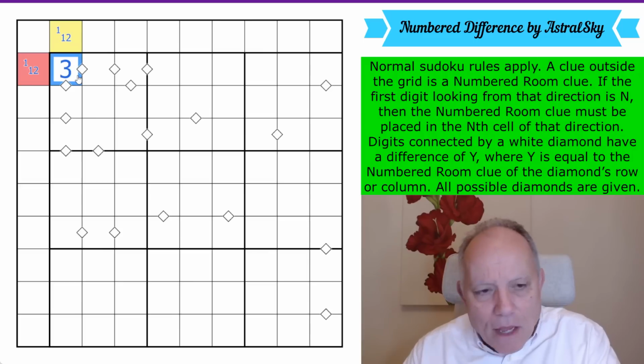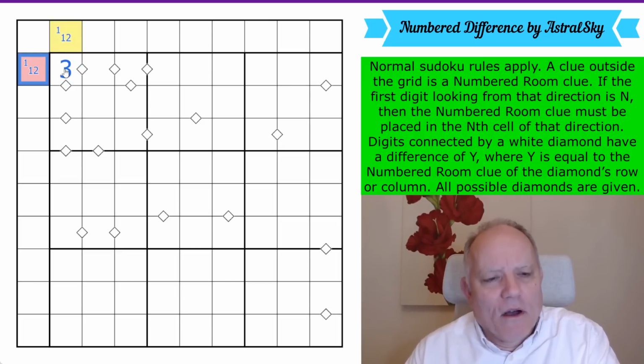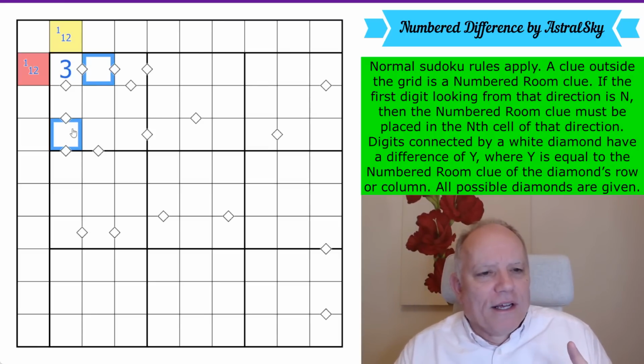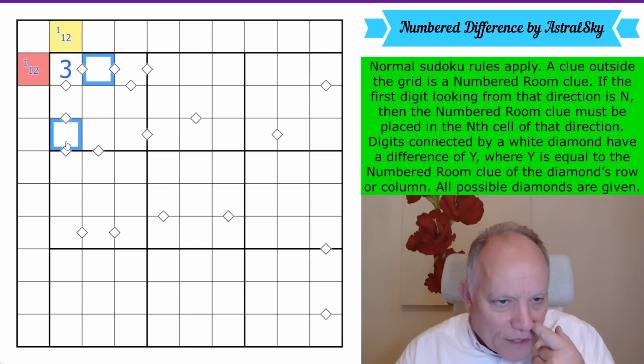Anyway, what that does prove is you can't ascend away from both of these, from this digit, with a 1 and a 2, or descend away from this digit with a 1 or a 2, because in the 2 direction you will meet the same digit after 1 cell that you would meet in the other direction in the 1 column or row after 2 cells.